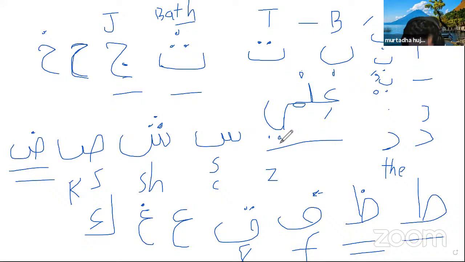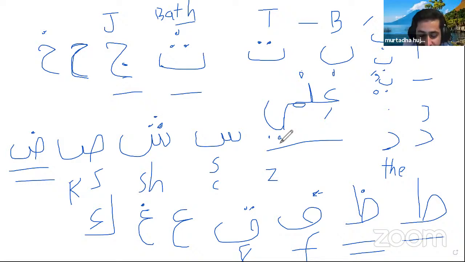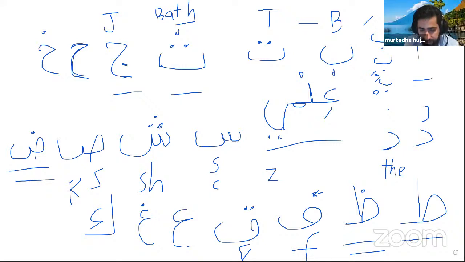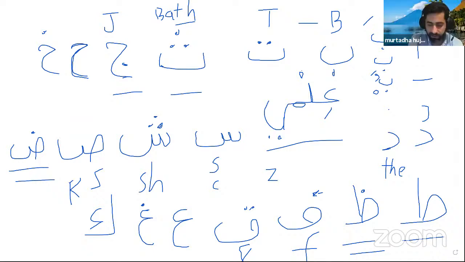Anyhow, another word with Kaf. Let's see. Like the Kaaba. Excellent. How do you say big in Arabic? Kabir. Allahu Akbar means God is the greatest, no?